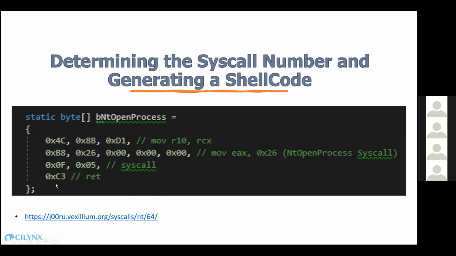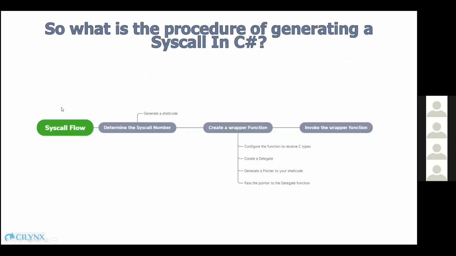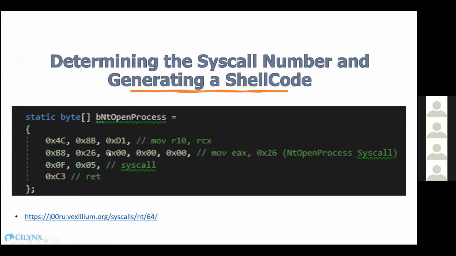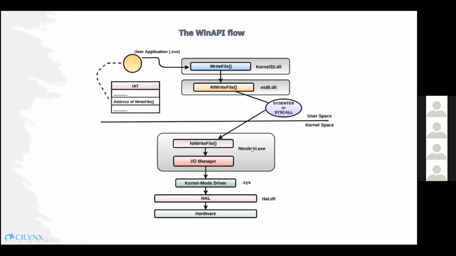Its whole job is to communicate between userland and kernel space. So you write an application, you create a file, you import the Kernel32 DLL, you invoke the WinAPI. Kernel32 just goes to NTDLL with all your special parameters, and does the syscall, which is what I showed you right now, and moves it into the kernel.